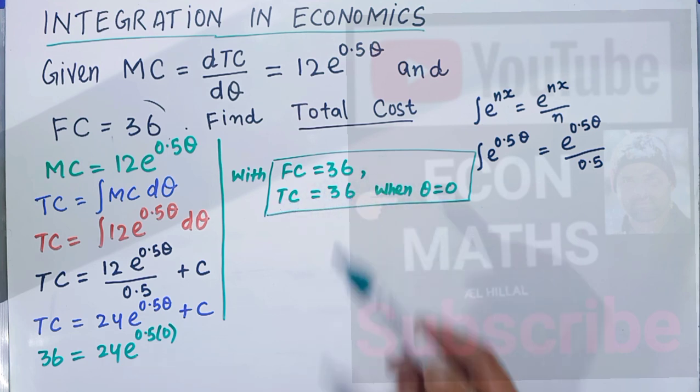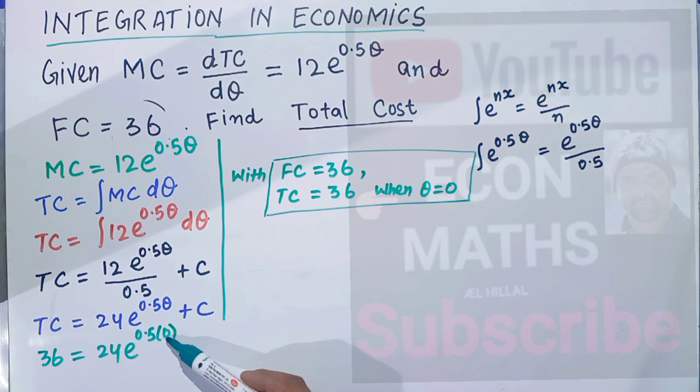That means our total cost will be equal to 36. So in place of this total cost I have written 36 and evaluated it when my production is equal to 0, and we add the constant of integration here also.